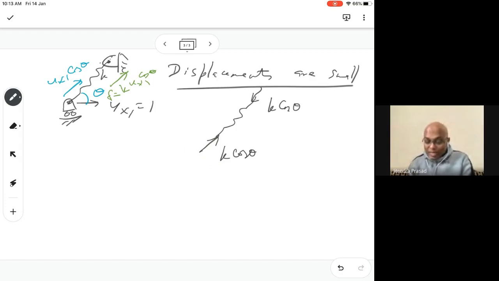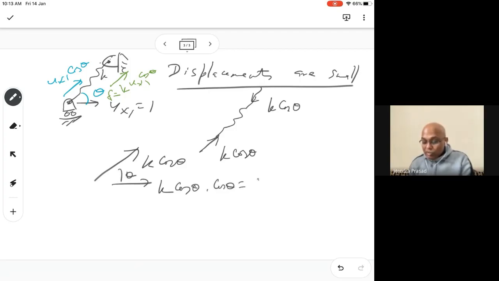So that really means we have K cos theta as the force. You are applying K cos theta multiplied by cos theta, equal to K cos square theta in the x direction. In the y direction, you are applying K cos theta multiplied by sine theta.